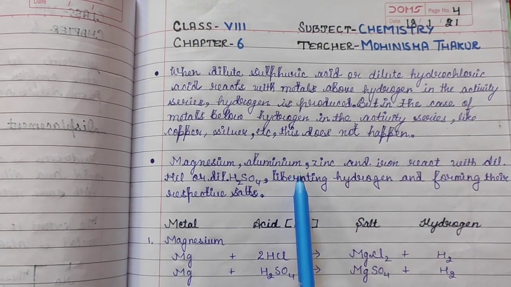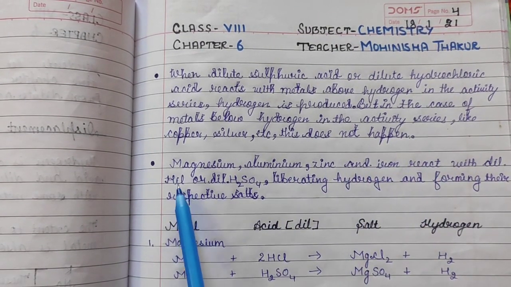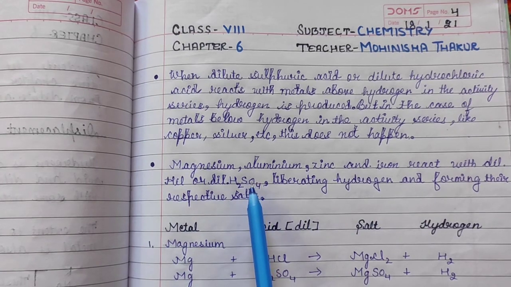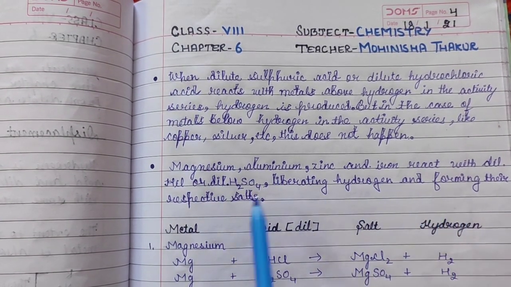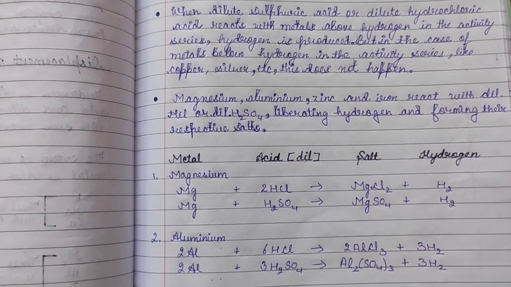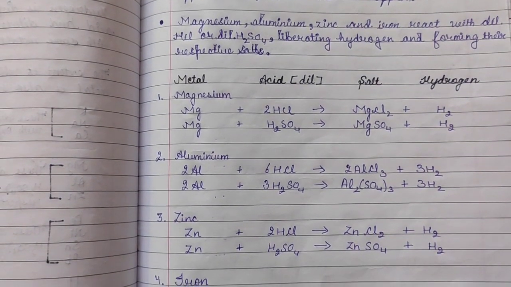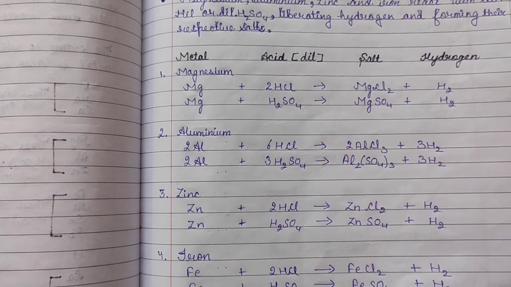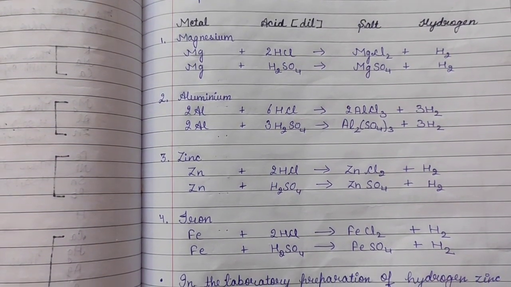Magnesium, aluminium, zinc and iron react with dilute HCl or dilute H2SO4, liberating hydrogen and forming their respective salts. For this, you may observe these reactions on page number 4 of the notes, which is sent on 18th January 2021.